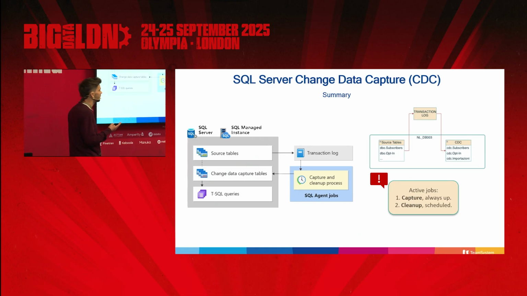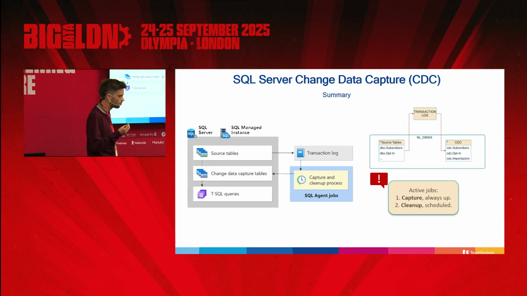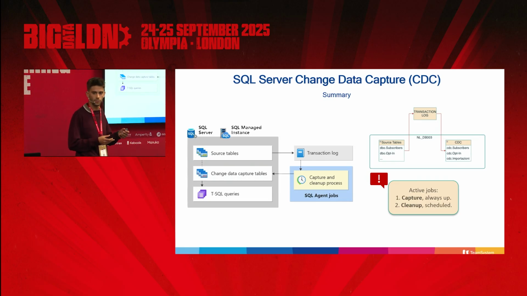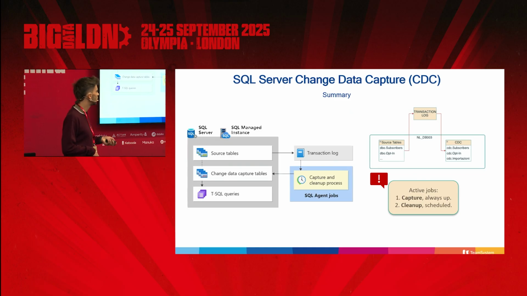The second job is the cleanup process, a technical job that is scheduled and cleans all the old logs inside the change data capture tables, because you want to avoid filling up the memory of the SQL Server. So keep in mind these two points: you have one job always up and running, and one scheduled job.